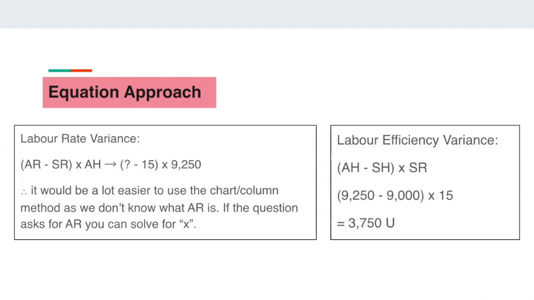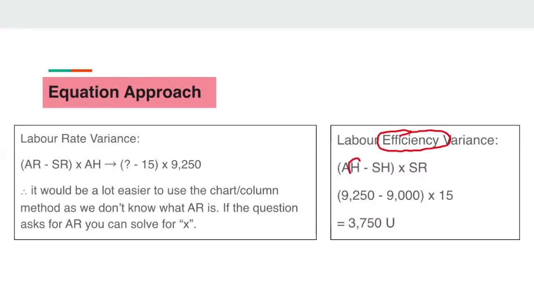Now we will do our final approach, which is the equation approach. Let's take a look at the labor efficiency variance first. Since efficiency is referring to quantity, we will be minusing actual and standard hours in the bracket and multiplying standard rate outside of the bracket. So again, efficiency is referring to quantity.